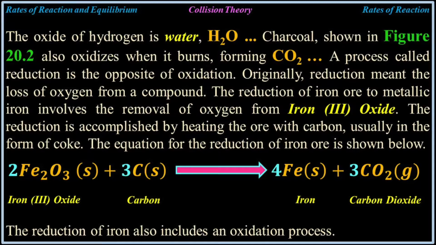The equation for the reduction of iron ore is shown below. 2 moles of iron(III) oxide plus 3 moles of carbon yields 4 moles of iron plus 3 moles of carbon dioxide. The reduction of iron also includes an oxidation process.